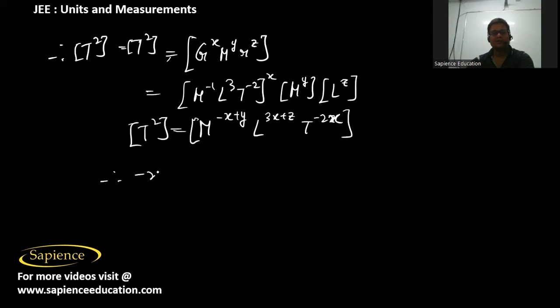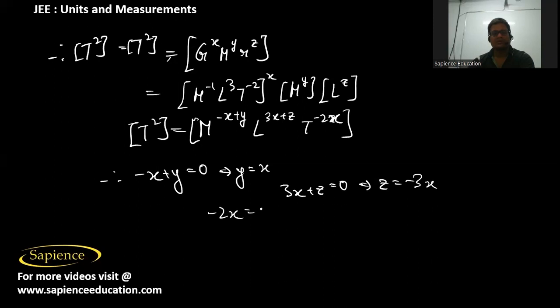So therefore minus x plus y should be equal to 0, so y should be equal to x. And 3x plus z should also be equal to 0, so z should be equal to minus 3x. And minus 2x should be equal to 2, so x should be equal to minus 1. So therefore z should be equal to 3 and y should also be equal to minus 1.